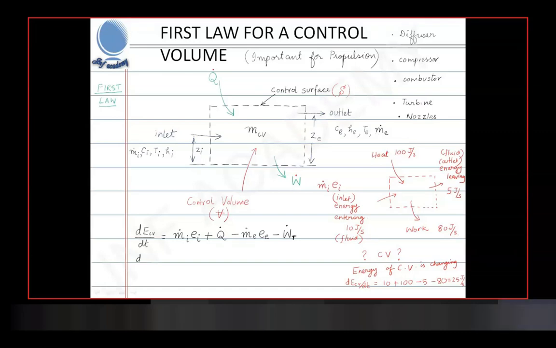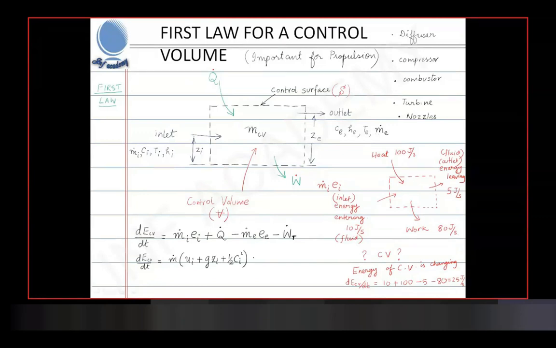Now let's simplify. dECV by dt is equal to m dot. What is ei? We saw energy is nothing but internal energy plus kinetic energy plus potential energy. So this will be ui plus g zi plus half ci square.